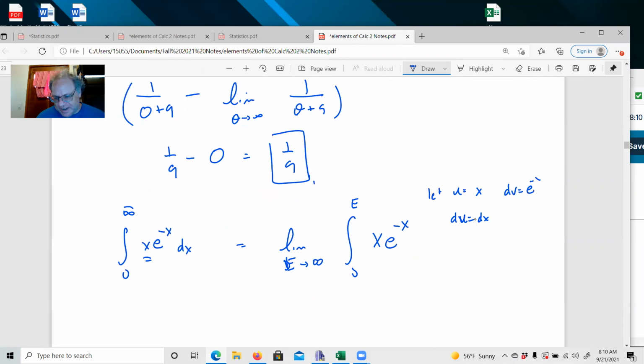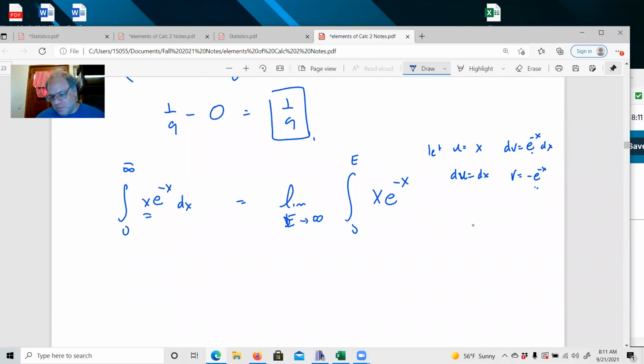So we're going to say let u equal x, so du is dx, dv is equal to e to the negative x dx, and v is equal to negative e to the negative x. If I take this derivative, we get back to this, so we're all set. Then we draw our little box, uv. So this is limit as E approaches infinity of uv, which is negative x e to the negative x, minus the integral of v du, which is negative e to the negative x dx.